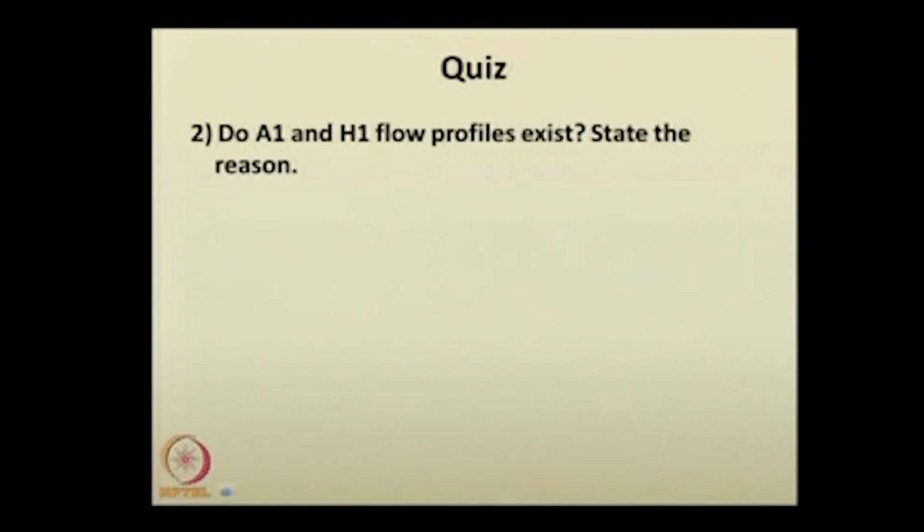Your next question we asked is, do A1 and H1 flow profiles exist? What is your reason? I hope everyone might have answered this. For horizontally sloped channels or for adversely sloped channels, your critical depth line exists. Fine.